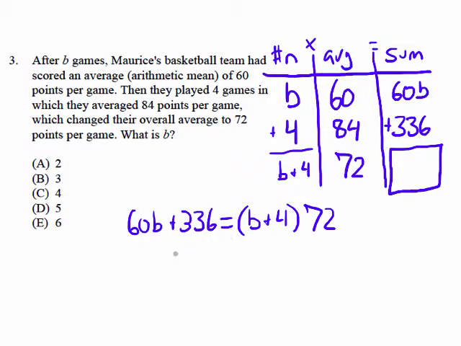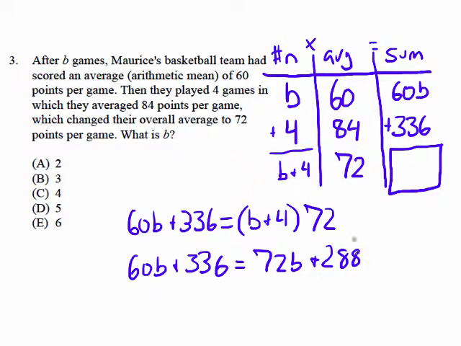We can solve it for B, right? So let's distribute on the right. We got 60B plus 336 equals 72B plus 72 times 4 is 288. And then we're going to do a little combining of like terms, right?